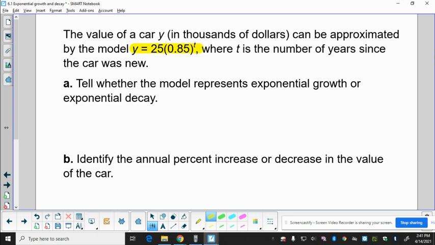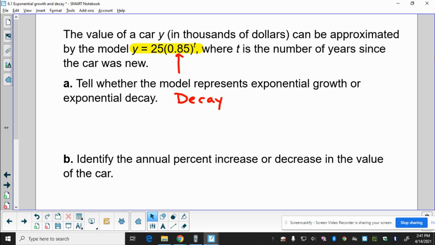So when we're looking at this, the value we should look at for part A is this 0.85. That is less than 1. So this is definitely exponential decay. It's the only value we need to look at.